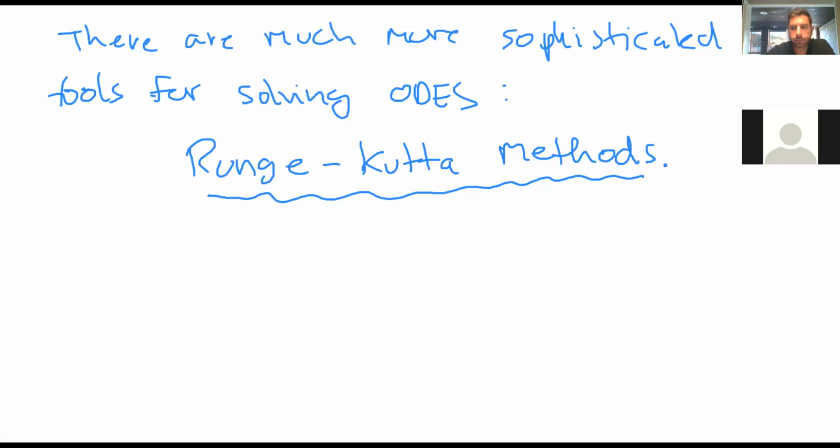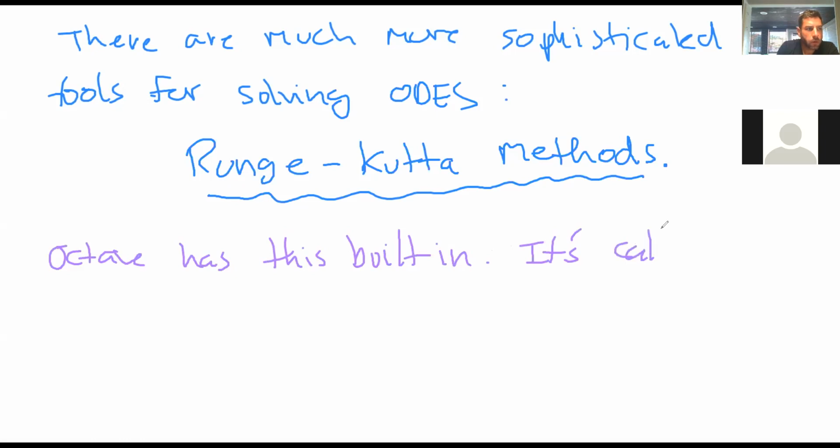Okay. So Octave, which is nice, you don't even have to program it. Now you could for practice. It actually has this built in, and it's called ODE45. The 4 and 5 have to do with one of the particular Runge-Kuttas.